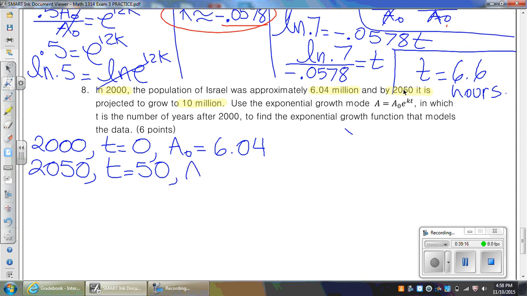And the final amount at that time, it is projected to be 10 million. Now the question here is, use the exponential growth model, that one, in which t is the number of years after 2000. I already explained that to you, to find the exponential growth function that models the data.